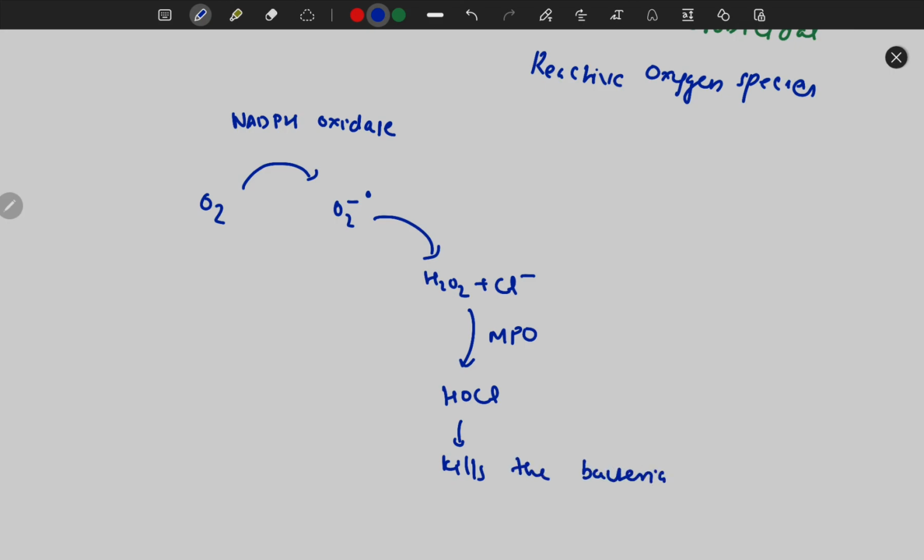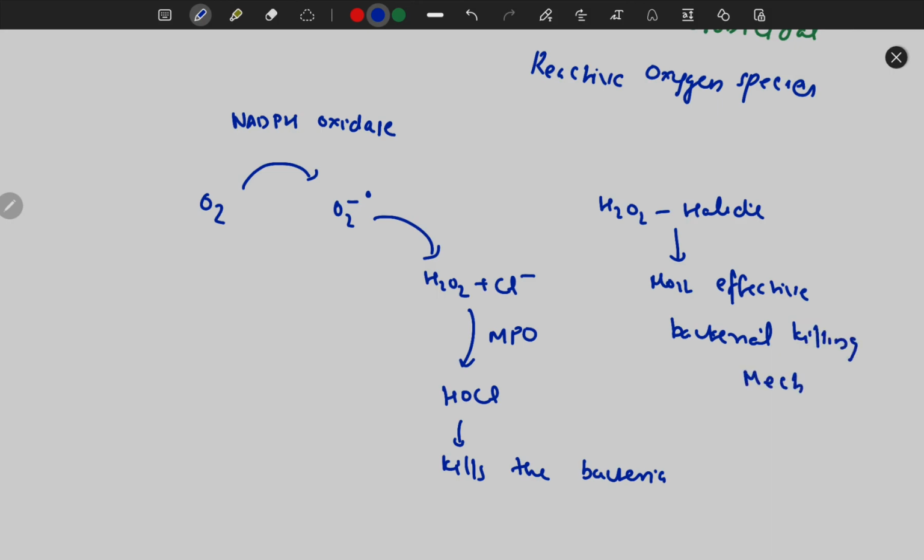So this hydrogen peroxide halide system is the most effective bacterial killing mechanism.